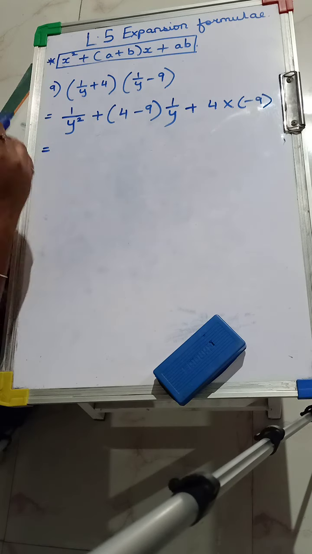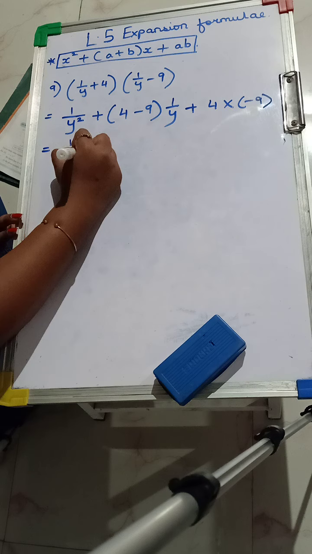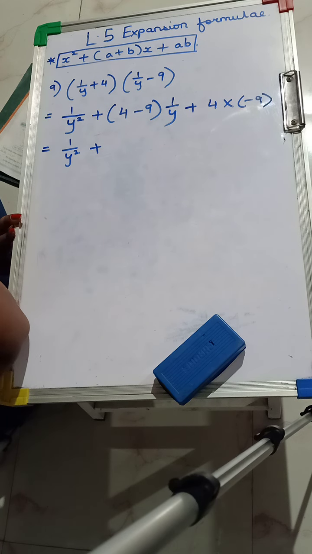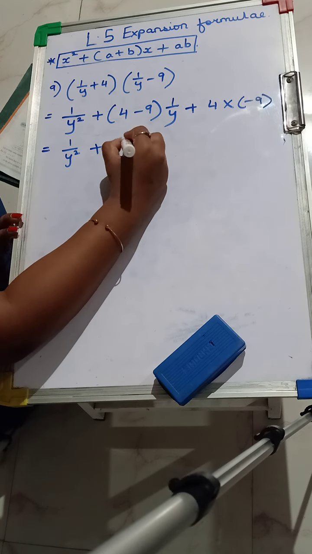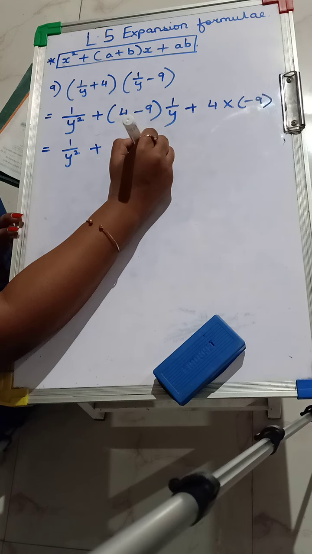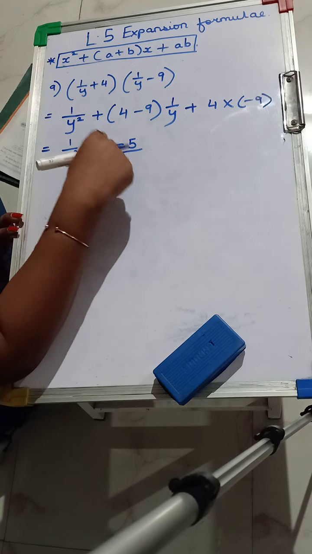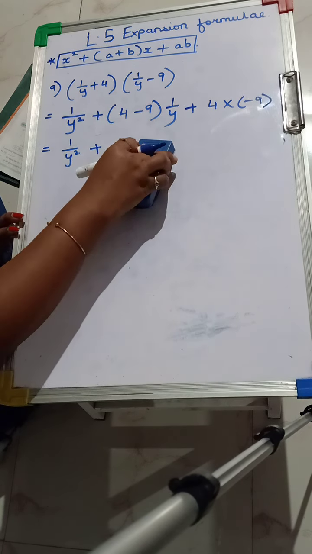Just substitute it and you all have to just solve now. So 1 upon y square plus 4 minus 9. What is 4 minus 9? It is 5. So 4 minus 9 gives you 5. So 5 upon y, or you can even write here 5 multiplied by 1 upon y. So there are two ways of solving it.